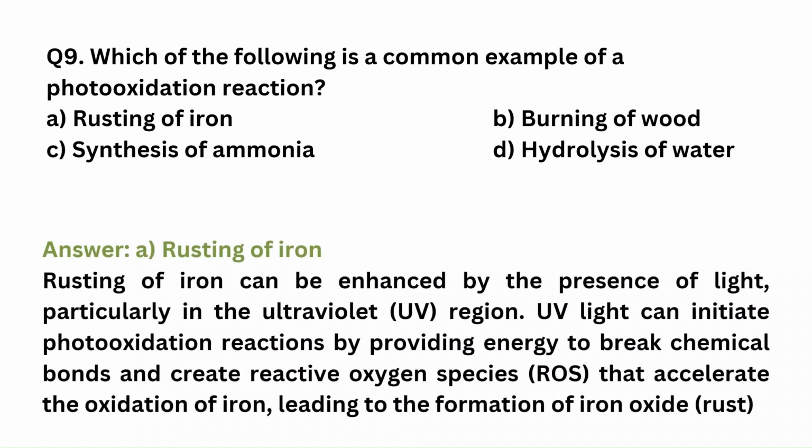So it's rusting of iron. Rusting of iron can be enhanced by the presence of light, particularly in the UV region. The UV light can initiate photo-oxidation reactions by providing energy to break chemical bonds and create reactive oxygen species that accelerate the oxidation of iron, leading to the formation of iron oxide or rust.